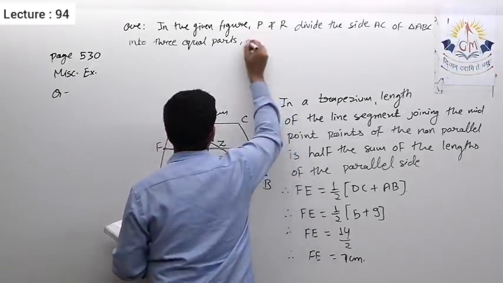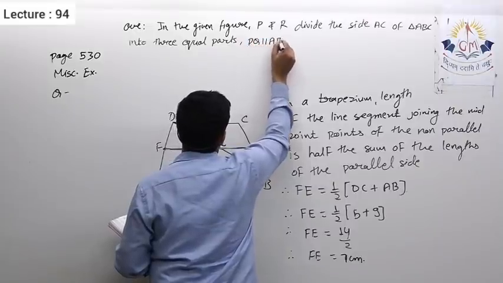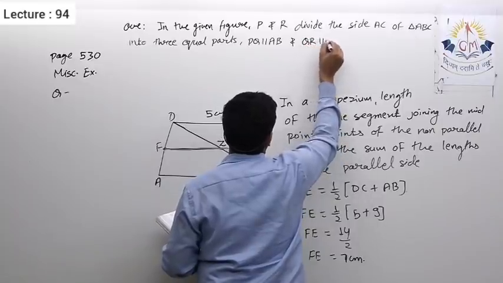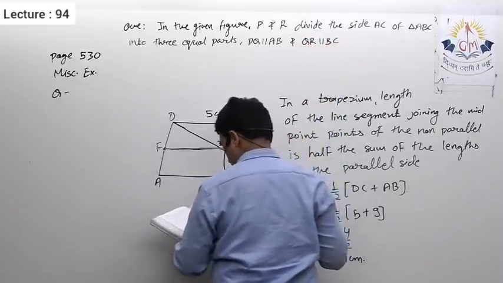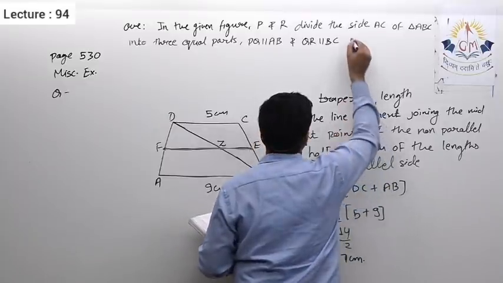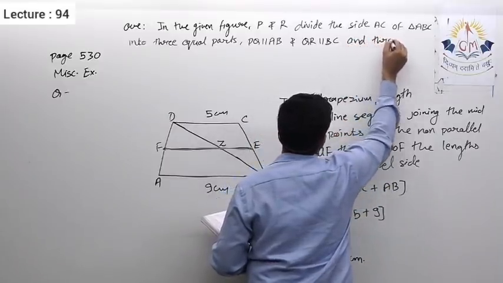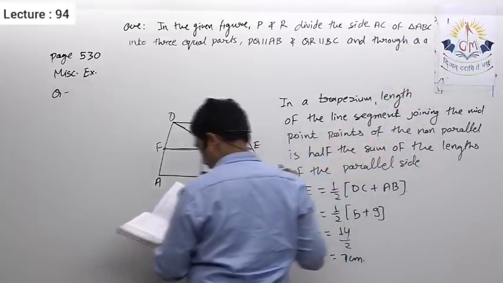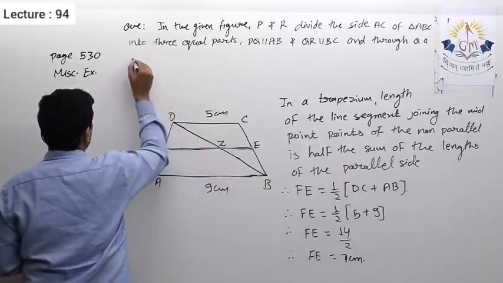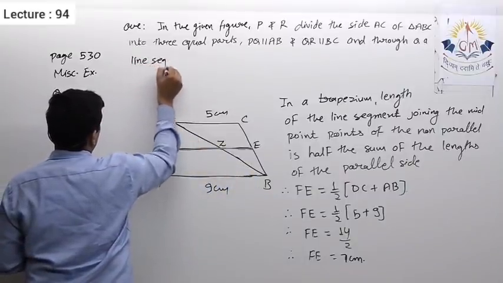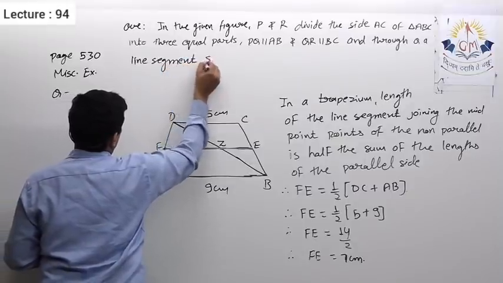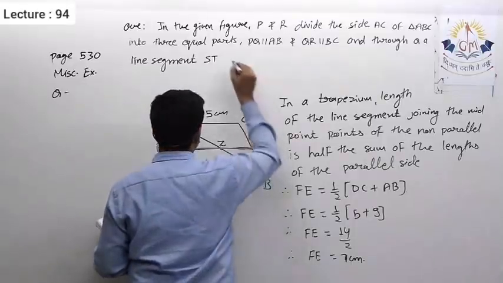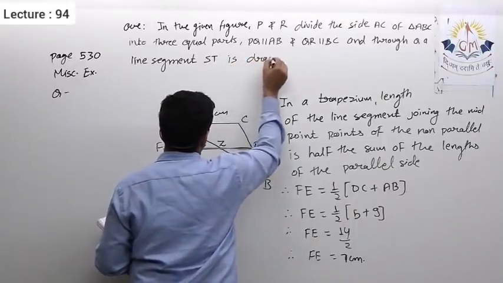PQ is parallel to AB and QR is parallel to BC, and through Q a line segment ST is drawn parallel to AC.